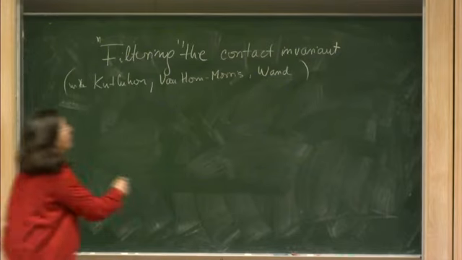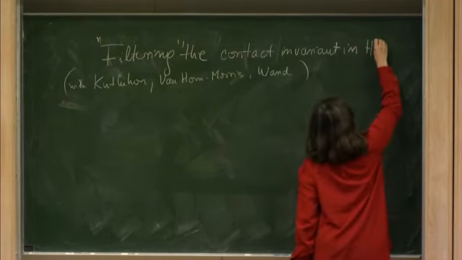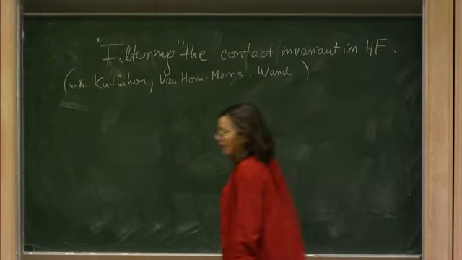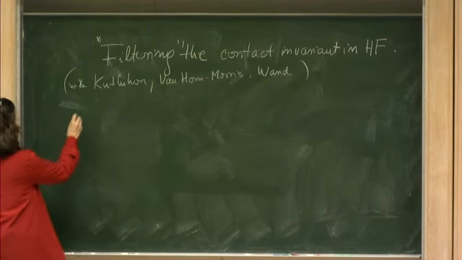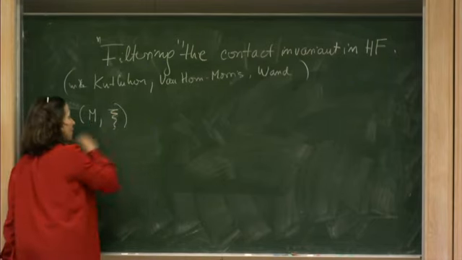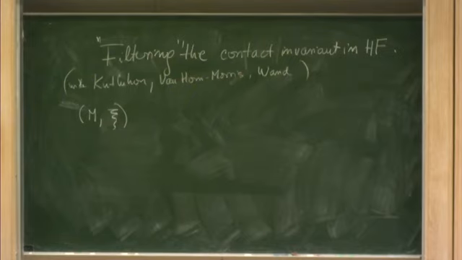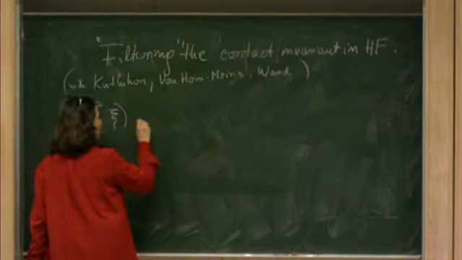So this is the contact invariant in Heegaard Floer homology, and we've just heard a definition of what a contact structure is. So let M be a three-manifold and Xi a contact structure.